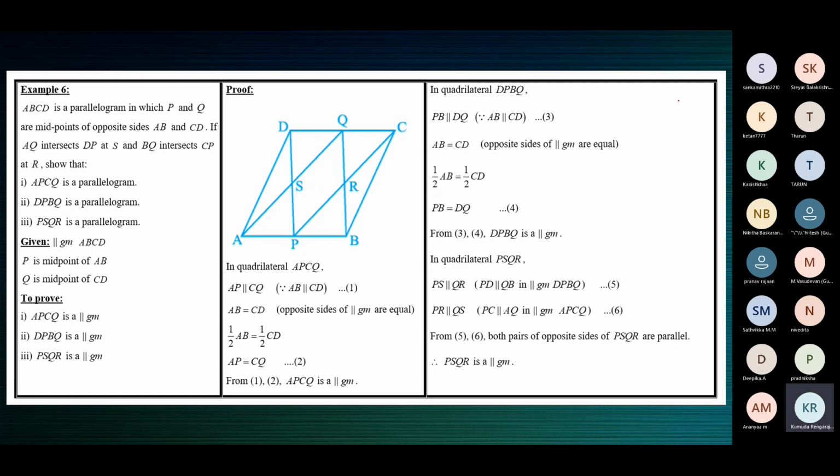As you write, look into the figure and try to understand, and we'll discuss later.